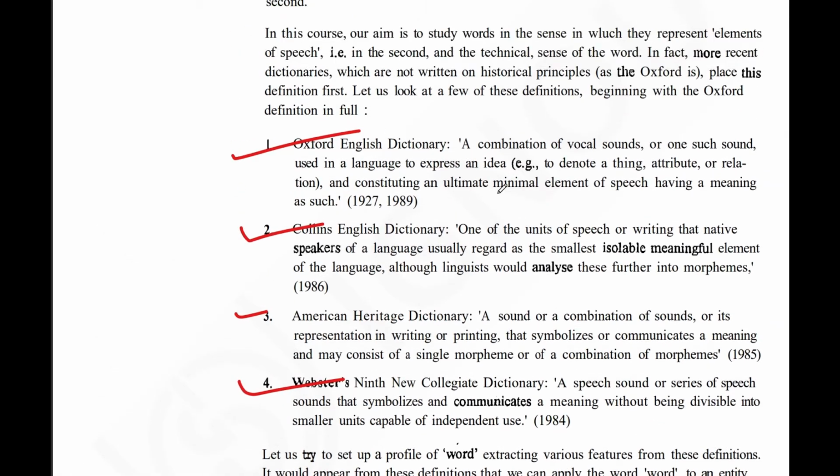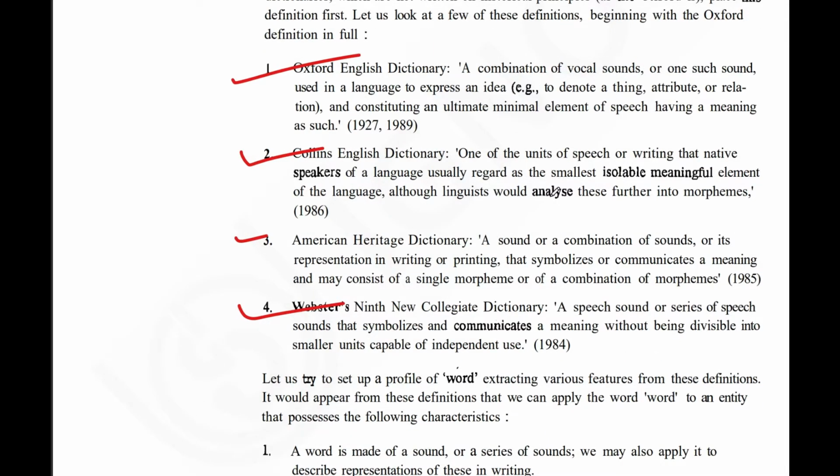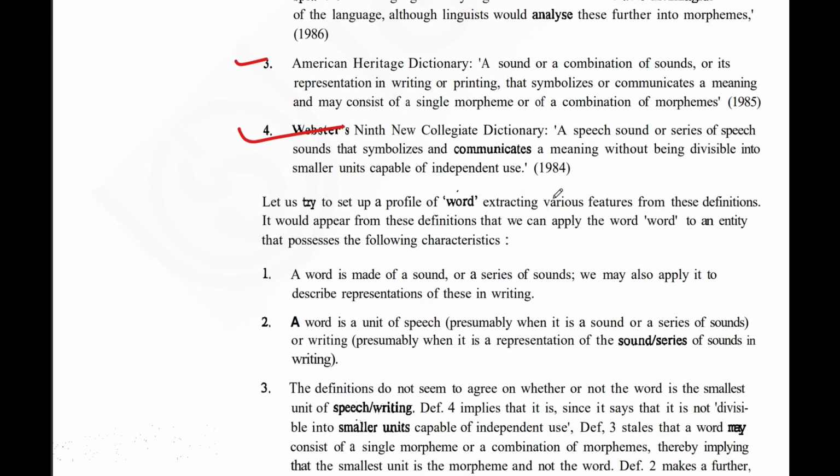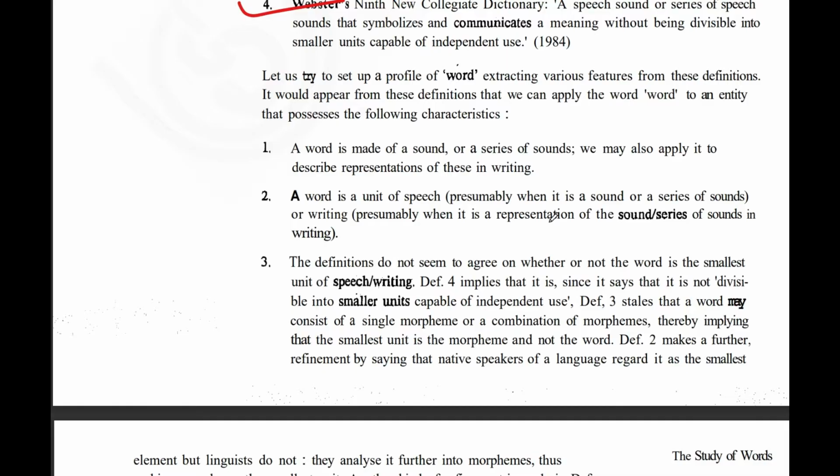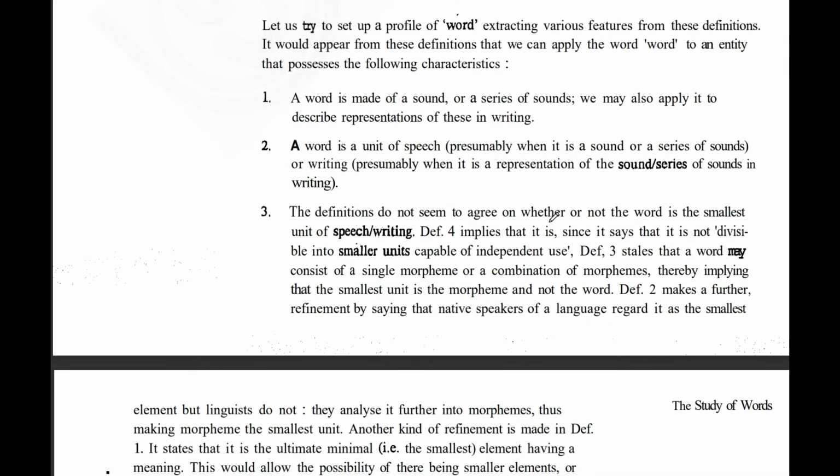How does it work? Because the language gave it the meaning. This is the easiest definition which I found, and you could read all these definitions, and if it comes to the examination, when you describe a word, you can always write down a couple of definitions, highlight them, and mark it down. Yeah. So we will move forward.